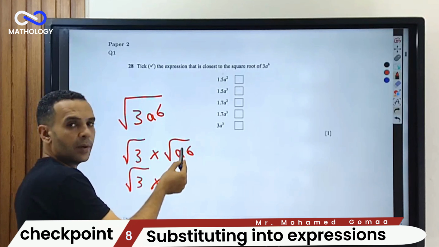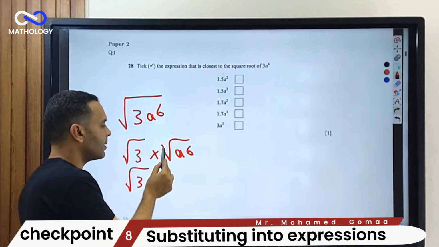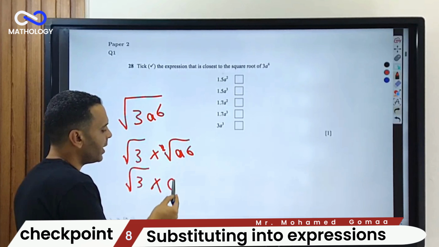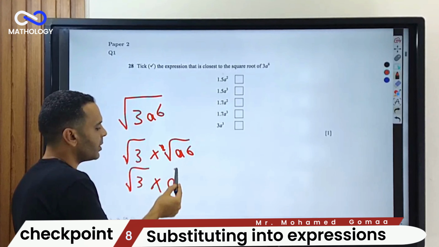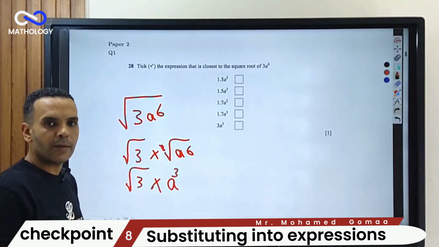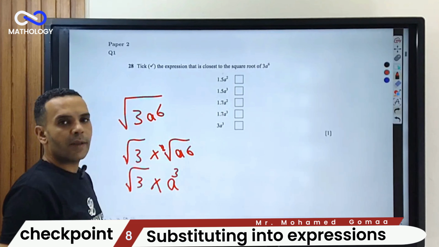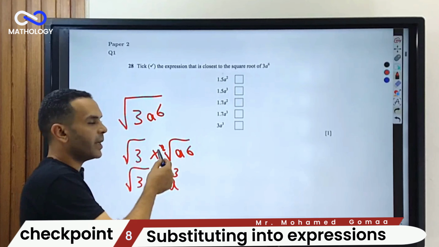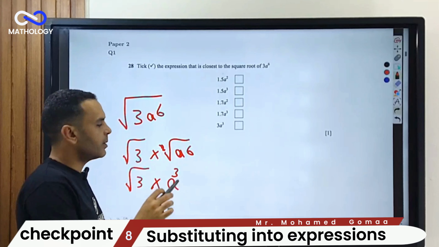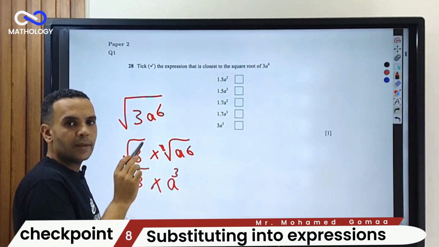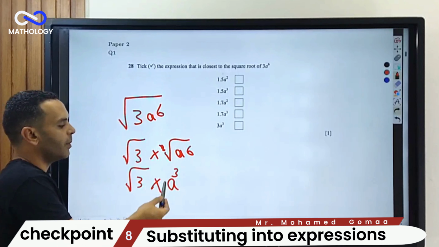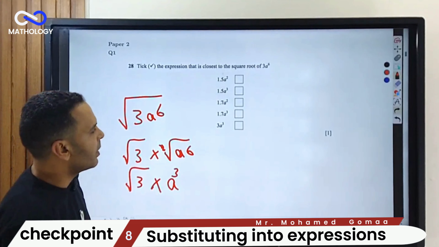Divide the power by the index. The index here is 2. It will be a to the power 6 divided by 2 equals 3, because the index of the square root is equal to 2. We don't write it, but we know that there is a 2 here, but it's invisible. Okay? It will be square root of 3 multiplied by a to the power 3.